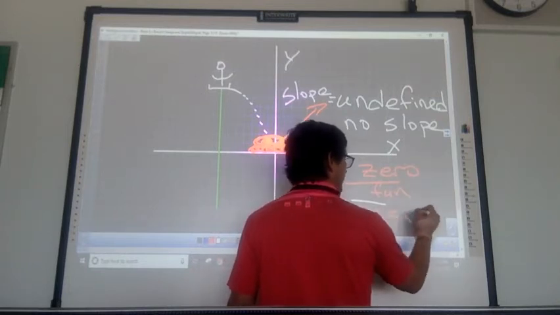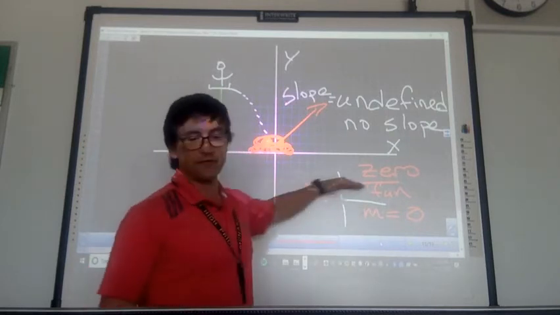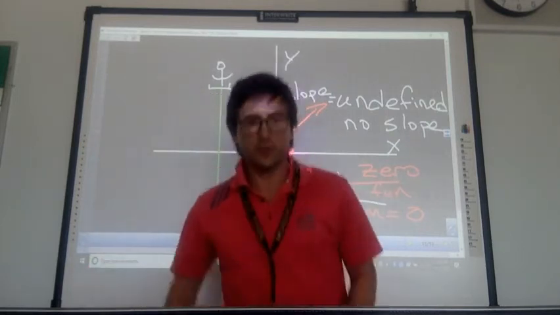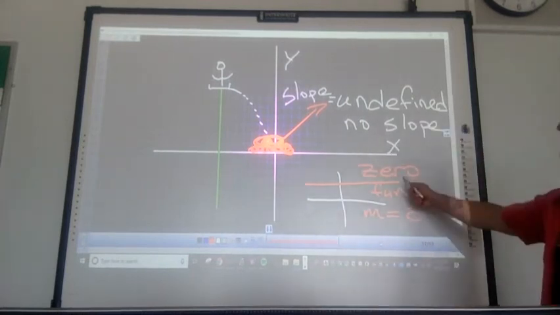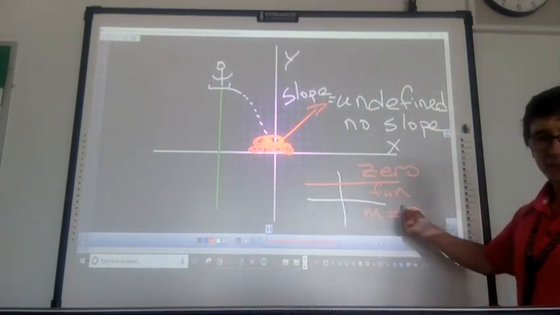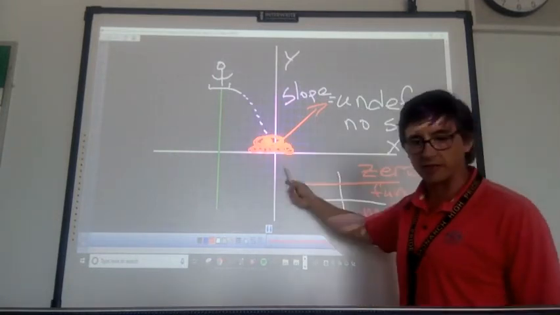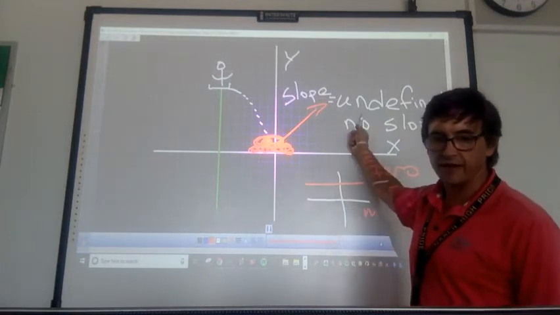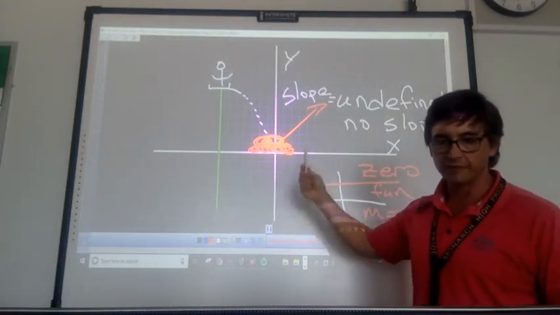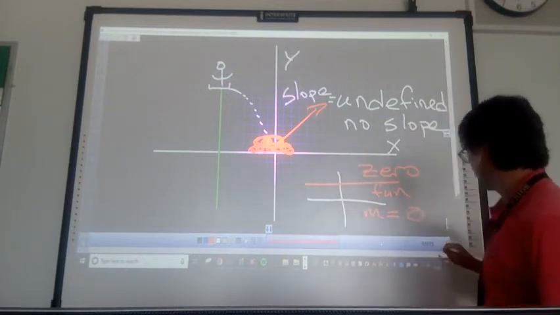Your slope, m equals 0. So on a flat, on your snowboard, doing this move is not very fun. So 0 slope. I don't have to remember this because I just look at this one, and as long as I remember this dude smashes on the x-axis and is a bloody mess and is undefined, the other one's 0. Right? So if you can kind of segment your brain like that, it just makes it easier to figure out.